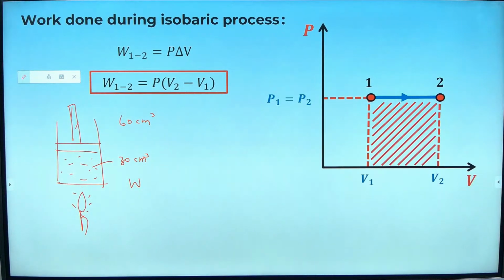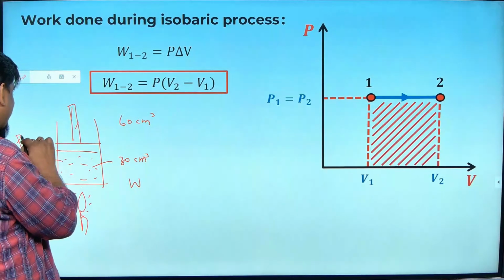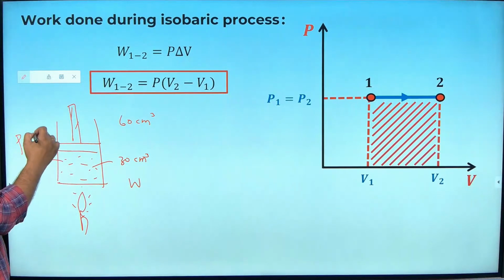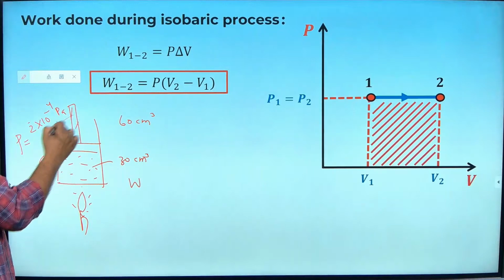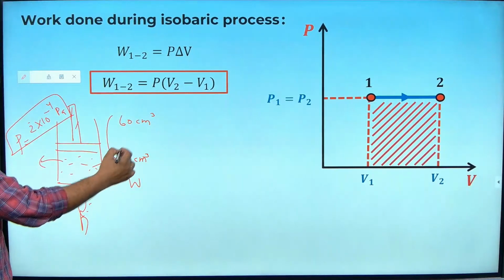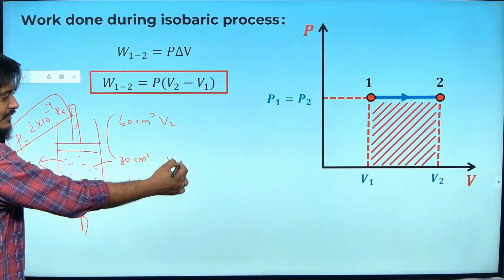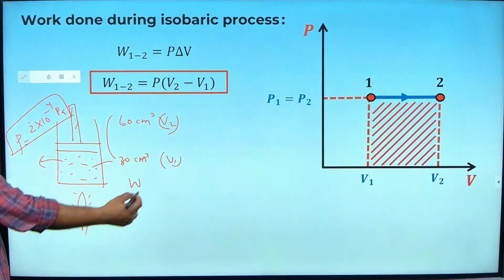What will be the answer? Whatever pressure is given, suppose they have given pressure as 2 into 10 to the power minus 4 Pascal. Then this value is given, you will do V2 minus V1, multiply both, get the work done.